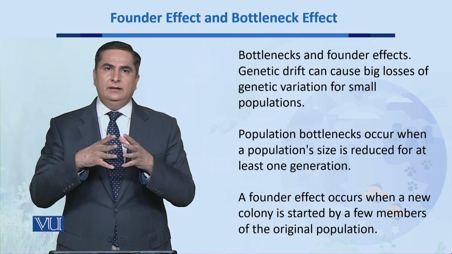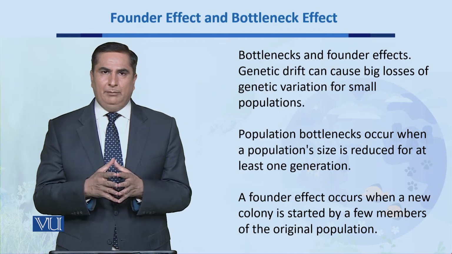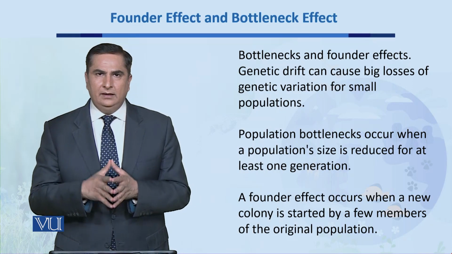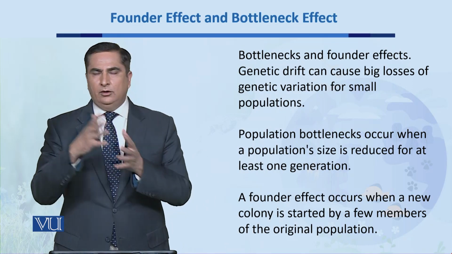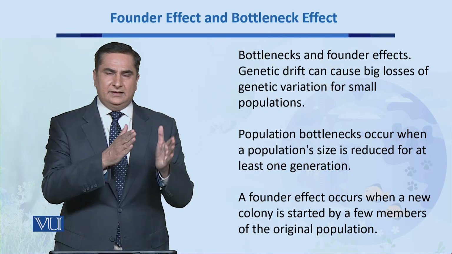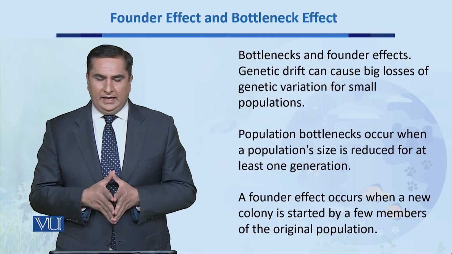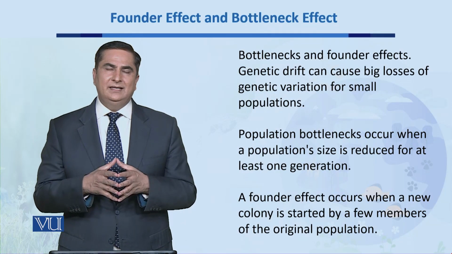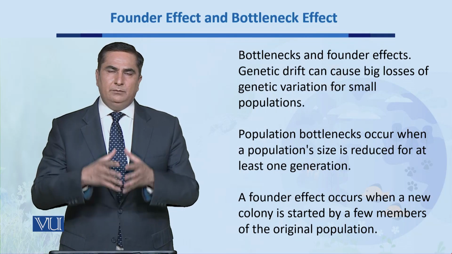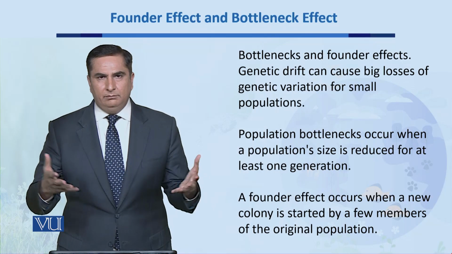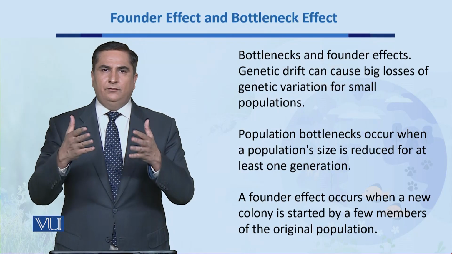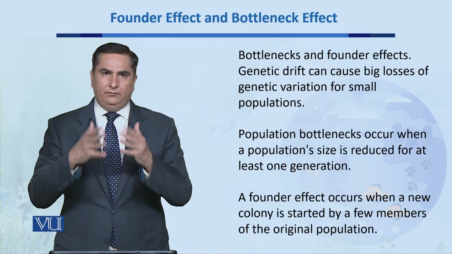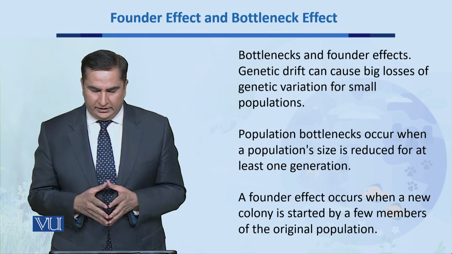Then certainly some incident happened. It could be an environmental factor, it could be disease or anything that has resulted in the bottleneck effect, which means that a population came to a size where it was reduced for at least one generation.